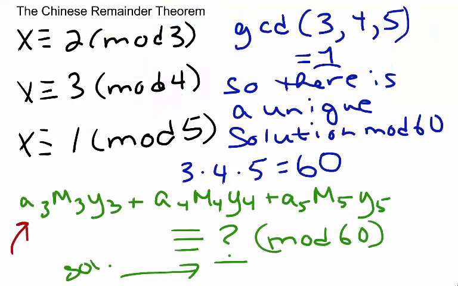Revisiting our formula, now that I have all of my values for a, m, and y, I'll be able to find the unique solution mod 60.